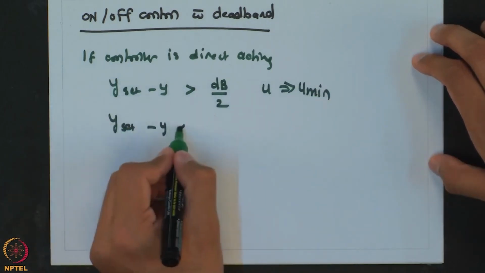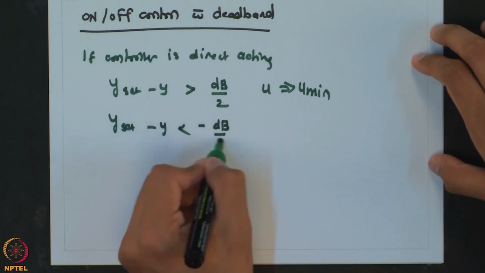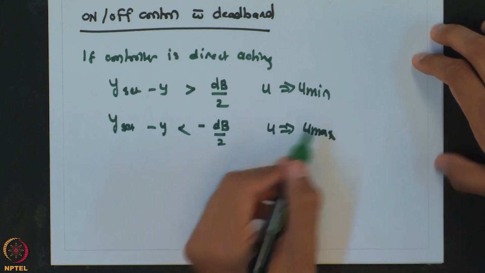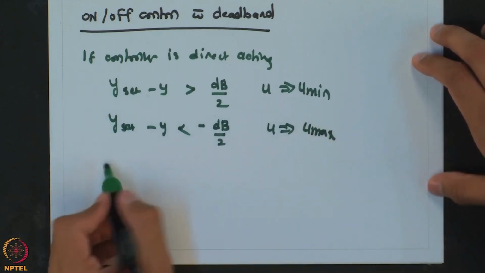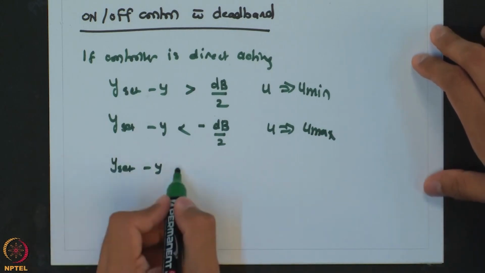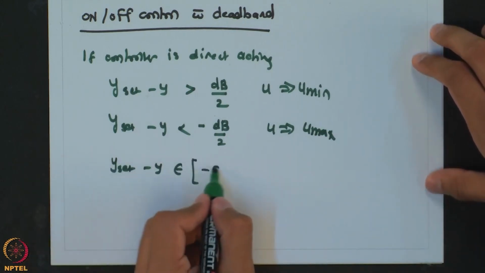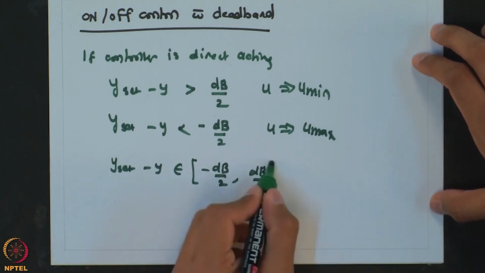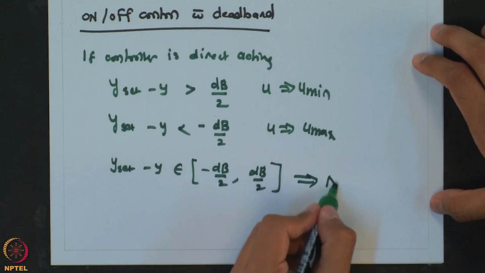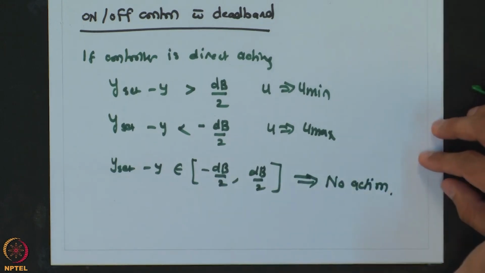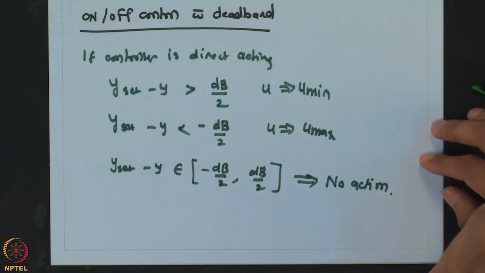If y set minus y is less than the negative of that number, u goes to u max, and then if this y set minus y is between these two values including 0, no action is taken. So, if the valve was earlier at minimum position, it will remain at minimum. If it was at maximum position, it will remain at maximum.